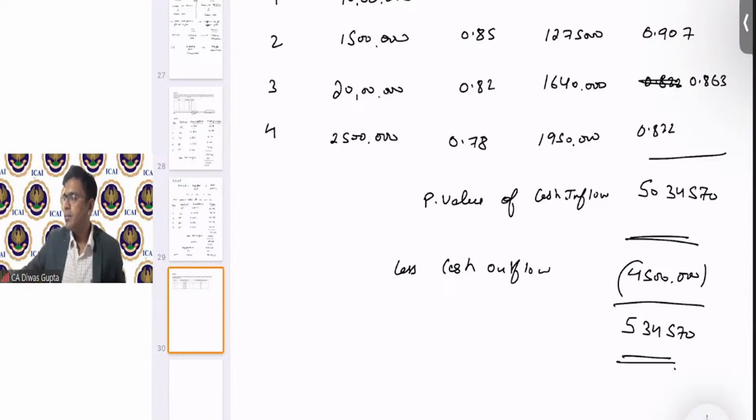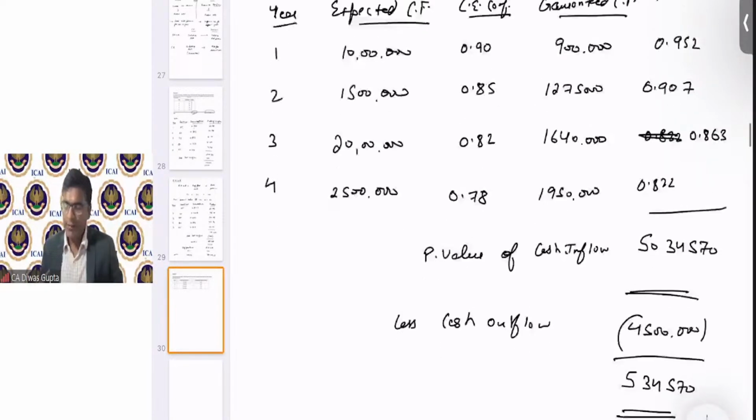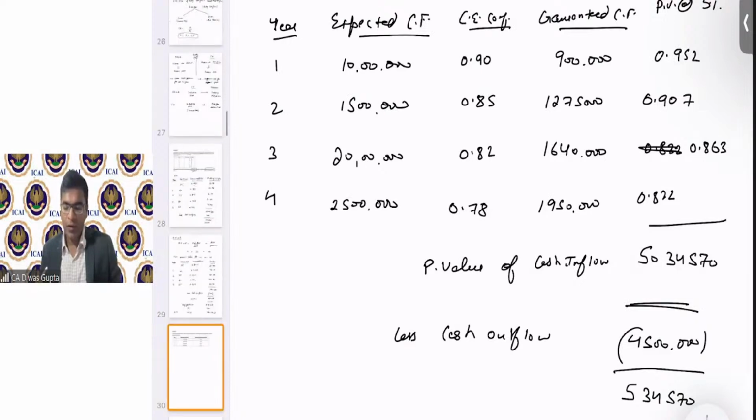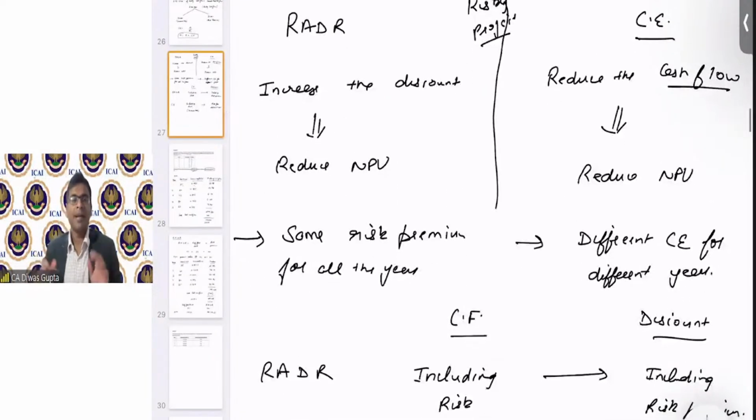Okay, students. So the certainty equivalent approach states that you have to first calculate the guaranteed cash flow and accordingly arrive at the NPV. Now, for 2 minutes, I will just discuss this comparison so that RADR is clear. RADR said that because of the risk element, you need to increase your discount rate.